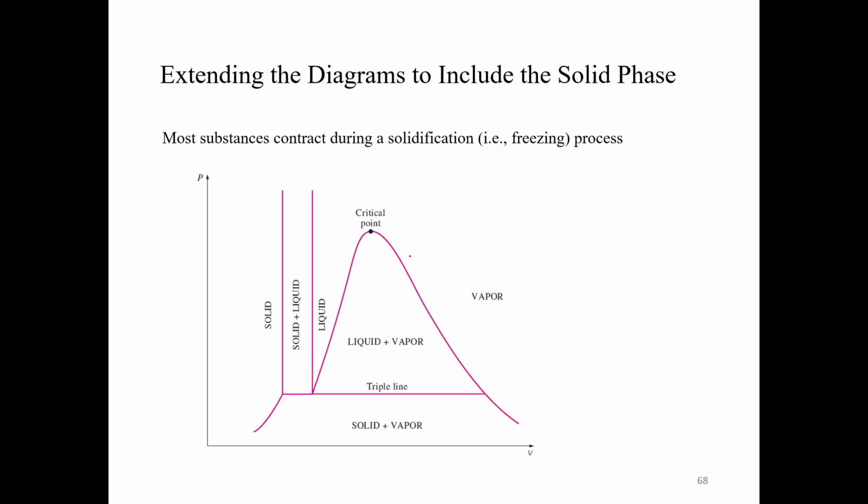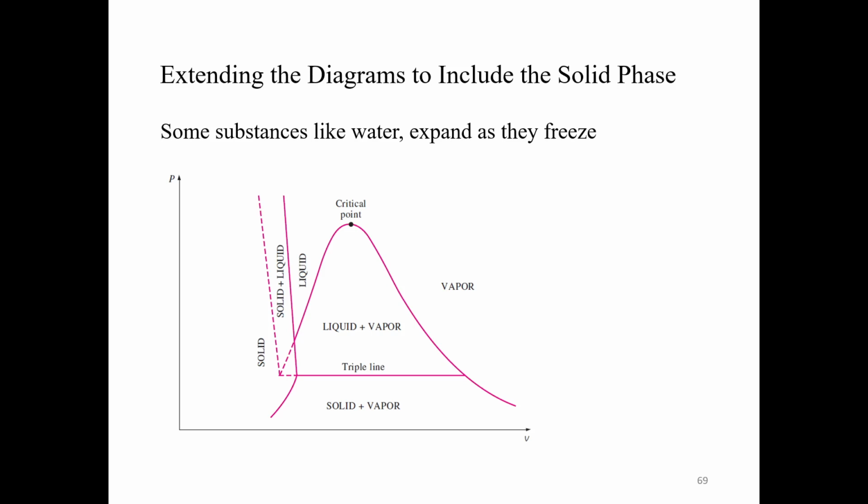All right. Then of course we can extend this graph, the PV diagram and TS diagram, to the solid phase as well. So now this one is a pressure and volume graph extended for the solid phase. We have gas, liquid and solid, all three phases.